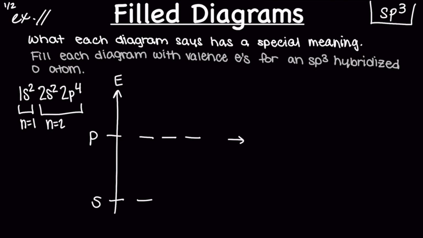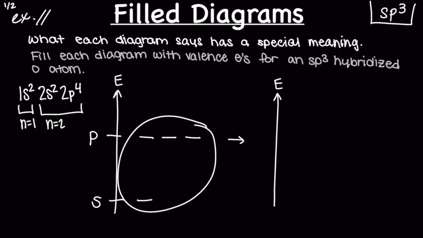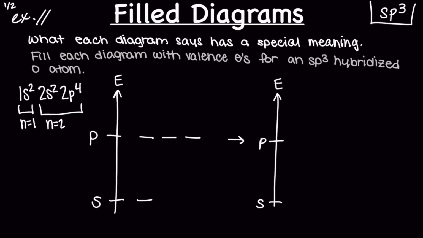So remember, because the problem asked for sp3 hybridized orbitals, we need to mix all 4 orbitals and average their positions. Hence, if we have 1 part s and 3 parts p, the average position of all 4 models, again, is going to be 75% of the way between s and p.